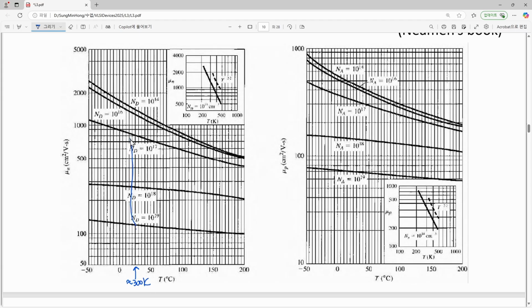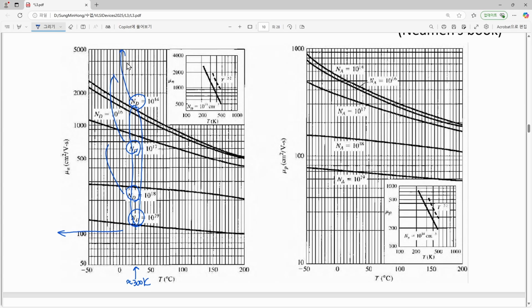Electron mobilities are widely spread due to the different doping densities. And we expect that if we go to low temperature, then phonon scattering goes away. But you know that this electron mobility never goes to infinity.